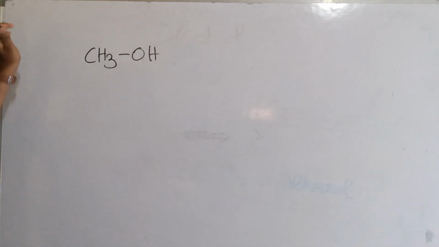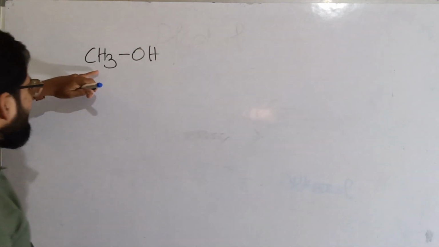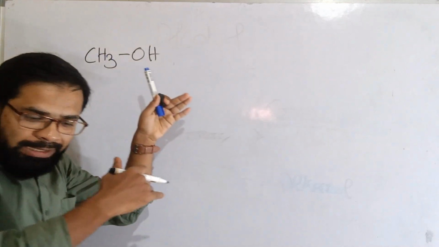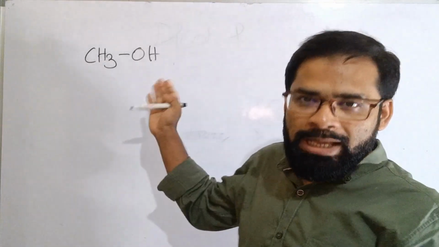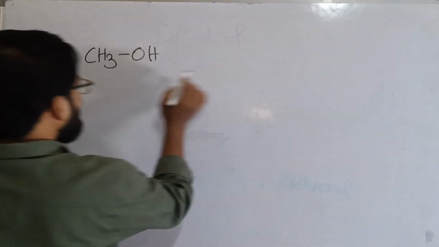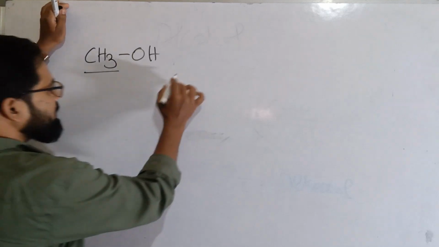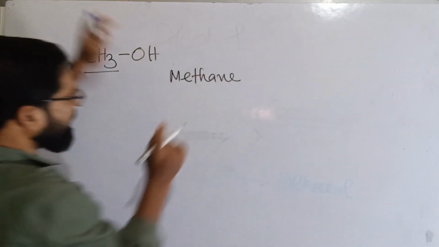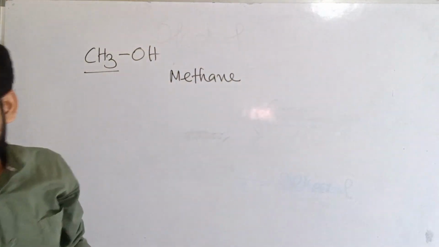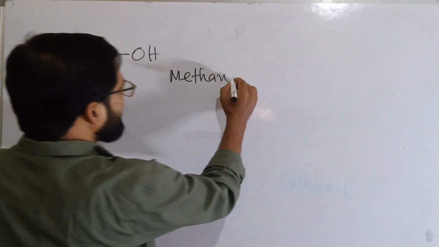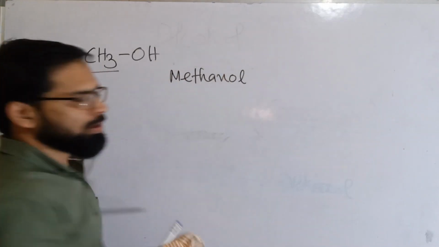CH3OH. How many carbons are here? Only one carbon. So that is basically a derivative of alkane, it means methane. In case of methane, you have to remove E and put OL, that is methanol.